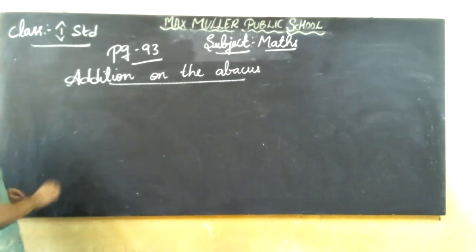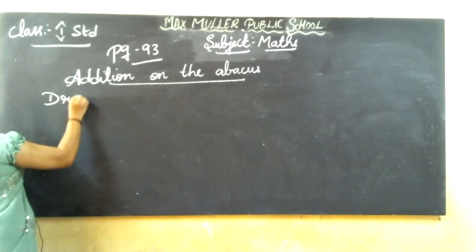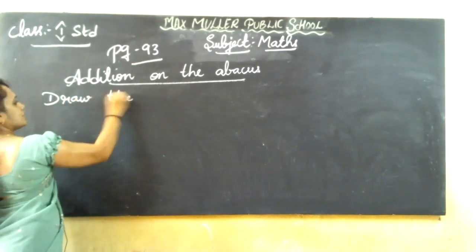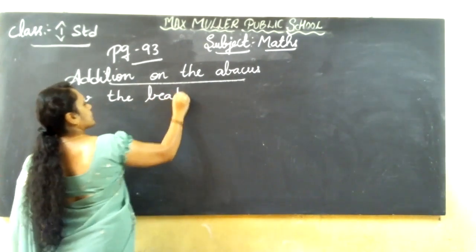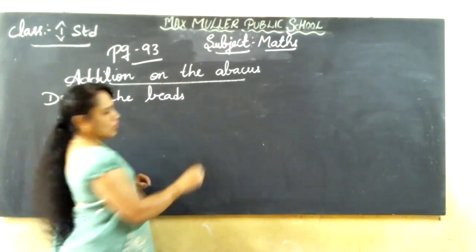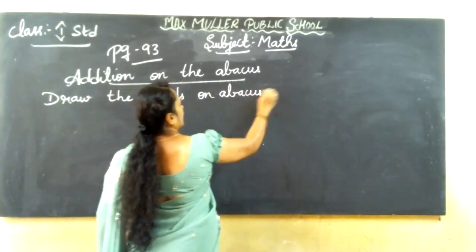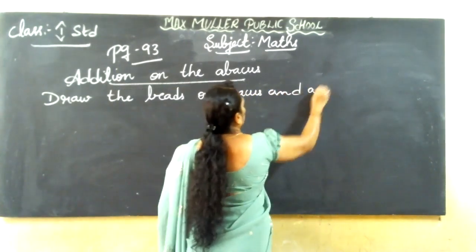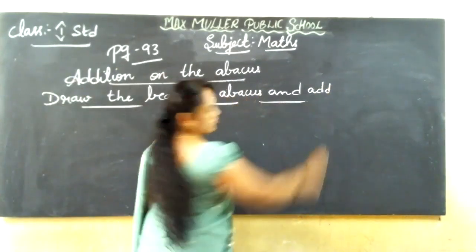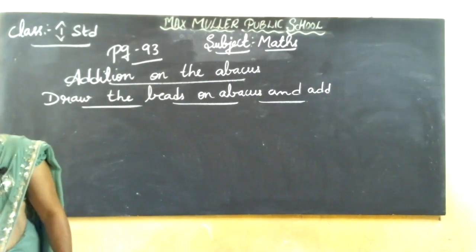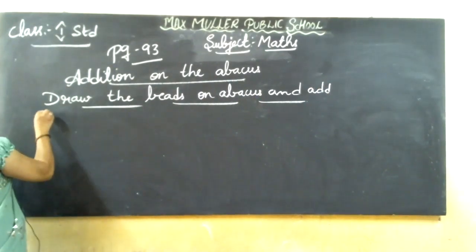Draw the abacus. Draw the beads on the abacus and add. Like this the heading is given in your textbook, isn't it? Then 6 sums are given there. 6 sums are given. So, first sum.